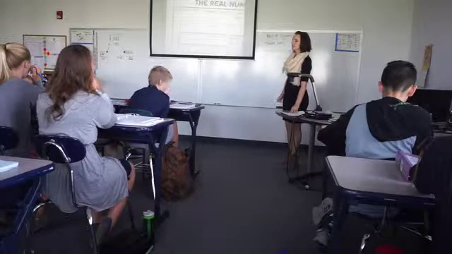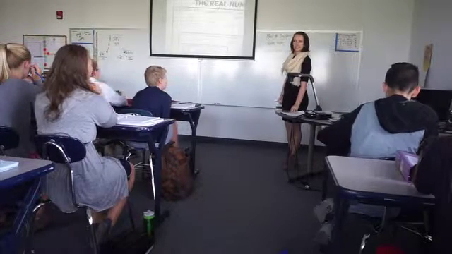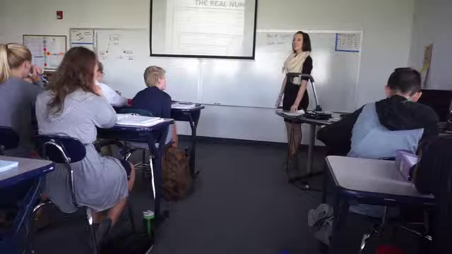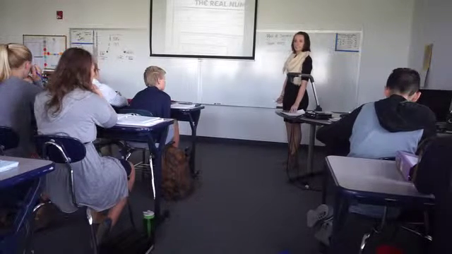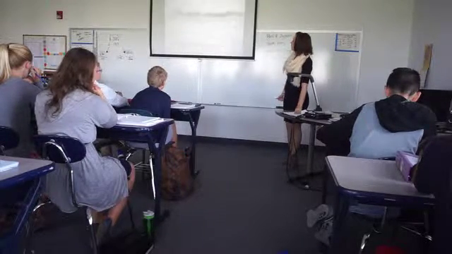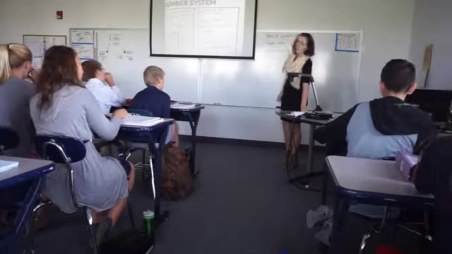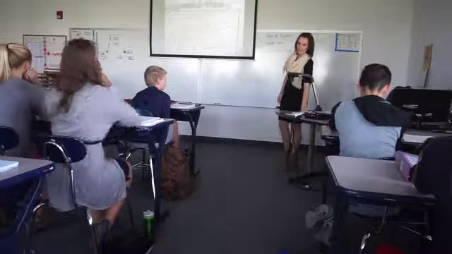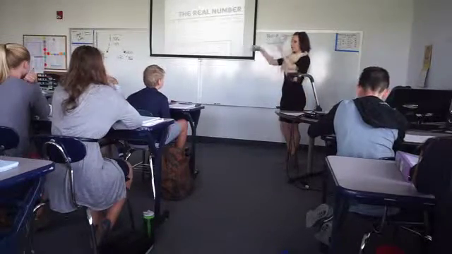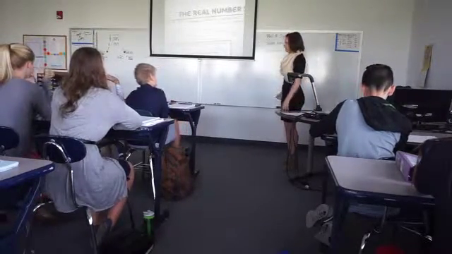How do I know it's going to be a perfect square? If I can take the square root and get a whole number as an answer. When am I going to get an irrational number? When it's not a perfect square, because we're going to get decimals that go all sorts of ways. Good?